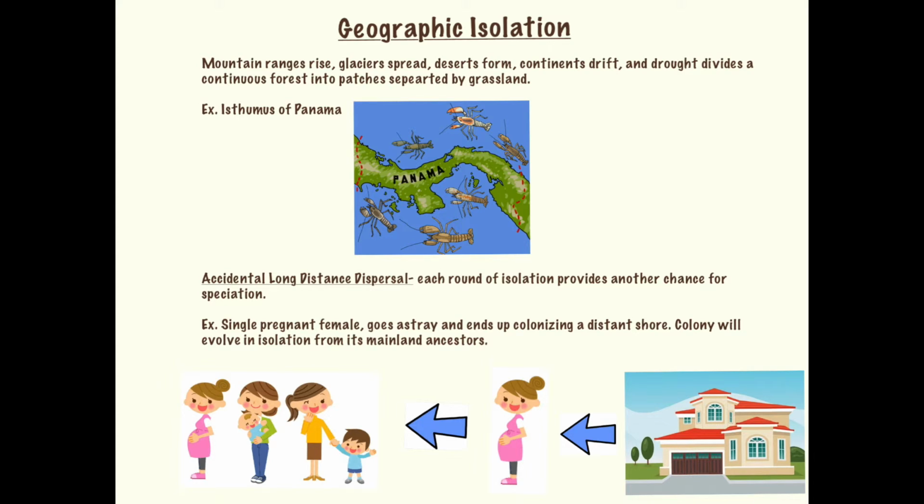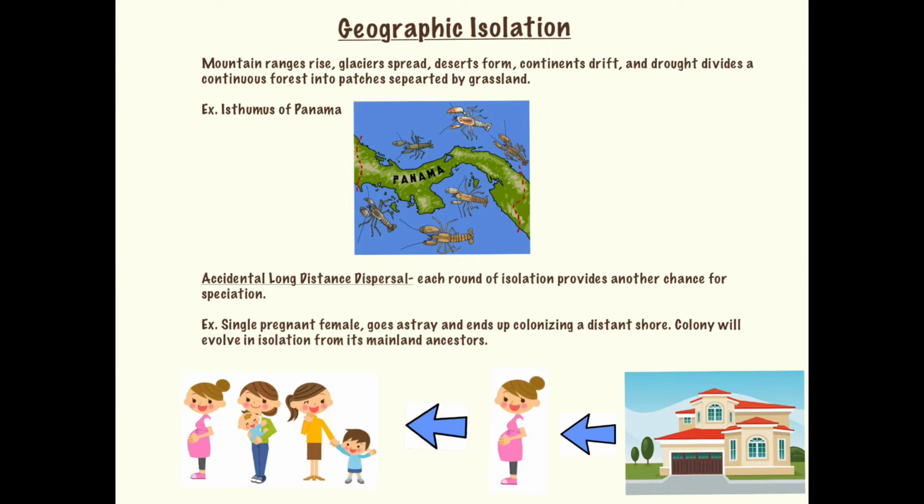The first prediction is that if speciation relies on geographical isolation, populations must have experienced the isolation throughout history. Geographic isolation could have occurred through mountain ranges rising, glaciers spreading, deserts forming, continents drifting, and drought dividing a continuous forest into patches separated by grassland. This can allow species to divide into 2 or more populations.